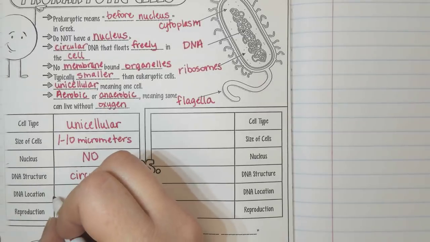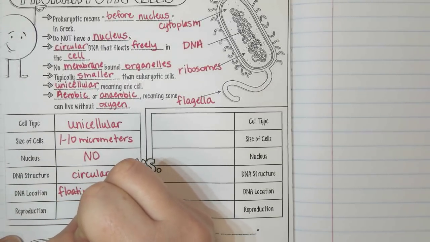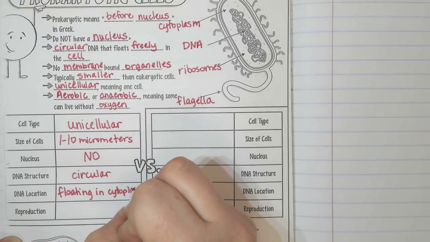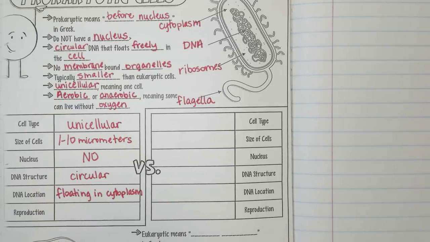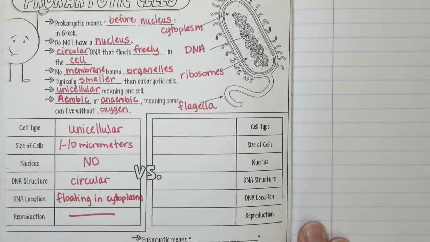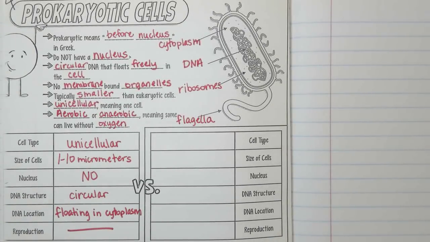So the location of the DNA is floating in the cytoplasm. And that last box about reproduction, we're not going to worry about the different methods of reproduction right now. So make sure you have the prokaryotic cells part of your notes complete, and then you'll see the next video to complete the eukaryotic cells section of these notes.